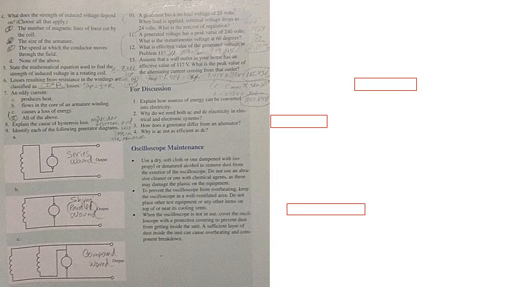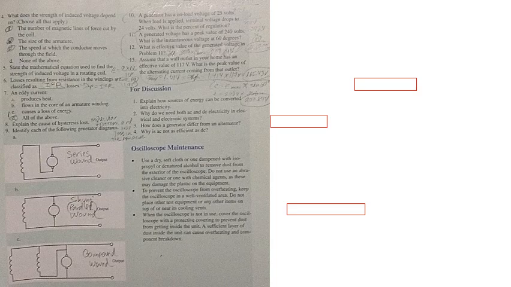Question 6. Losses resulting from resistance in the windings are classified as blank losses. That would be current squared times resistance, or I squared R losses, or power equals I squared R.